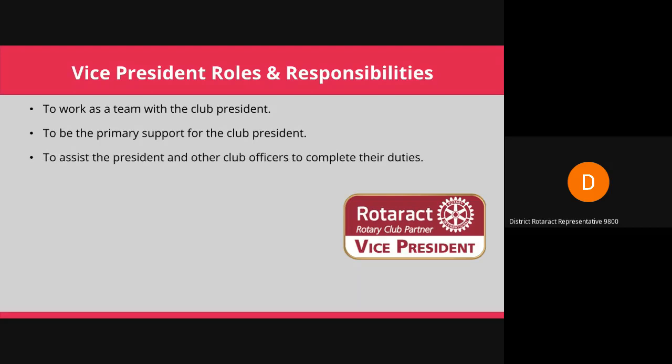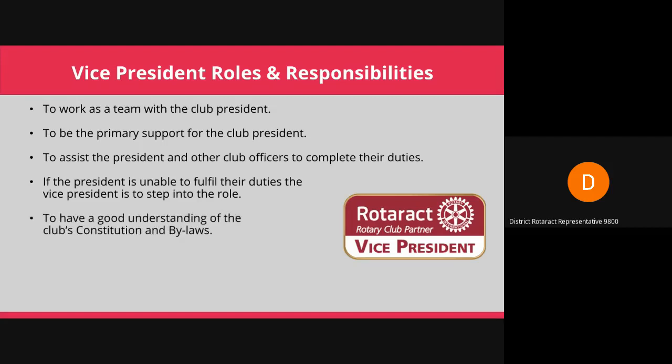The vice president is there not only to assist the president, but if there are any other club officers who need assistance with their own duties, you're there to assist them with that. The vice president is also there to fulfill any of the duties that the president is unable to do. So if the president planned to go to a Rotary meeting and then they became unwell, then it should be up to the vice president to pick that up and attend.